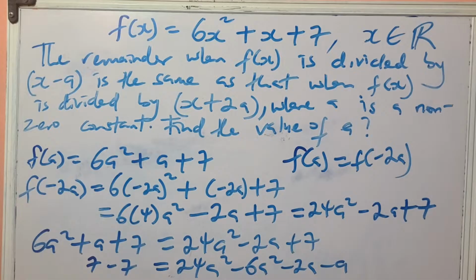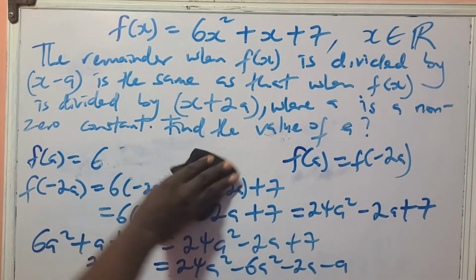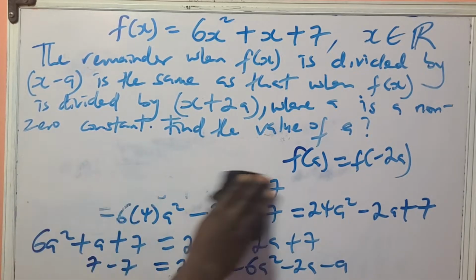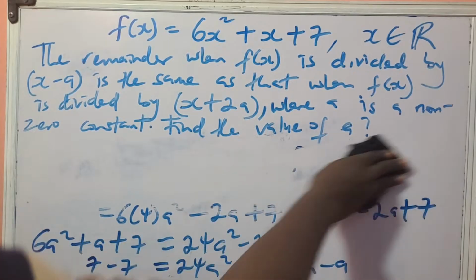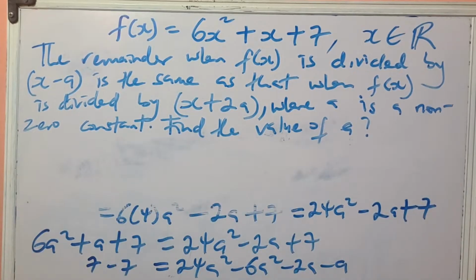Right? So we have that. Now let's try and finalize that. That will obviously be 0, because 7 minus 7 is 0, equal to 24 minus 6, that will be 18. So that will be 18a squared minus 3a.